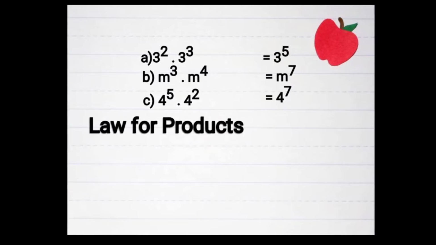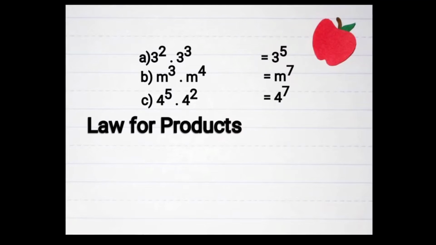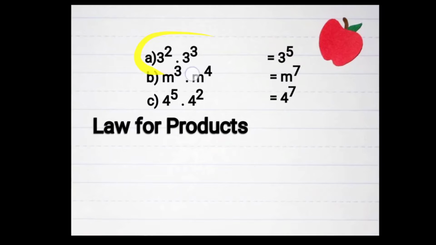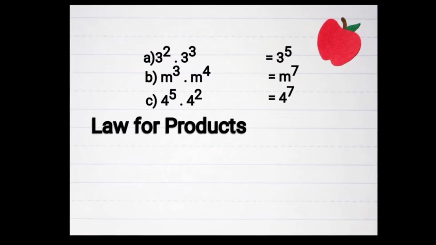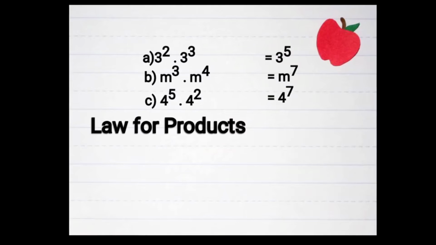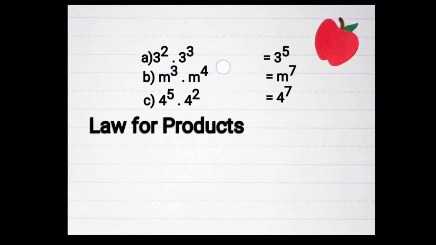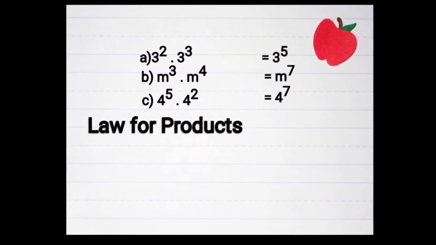Okay, so for this law, take note, law for products, because there is multiplication as operation, like 3 squared times 3 cubed, right? There is multiplication as operation, as well as letter B, multiplication, and letter C, multiplication.